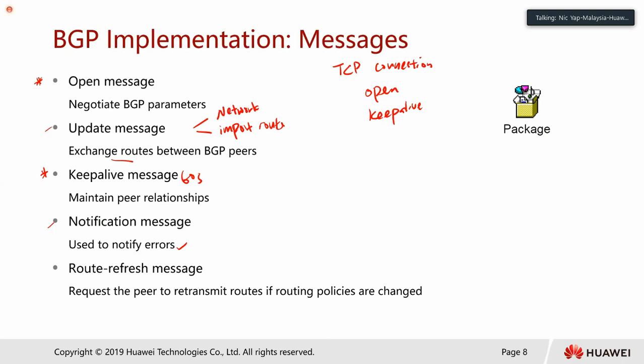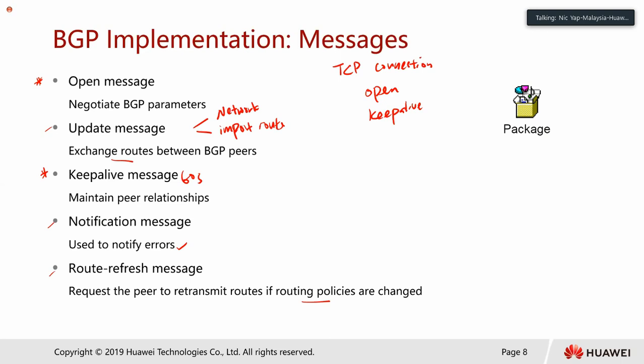I notify you of the reason your BGP peer is down by using the notification message. Okay. Route refresh message requests the peers to retransmit routes if the routing policy is changed. This one is only sent when you have a change of routing policy.